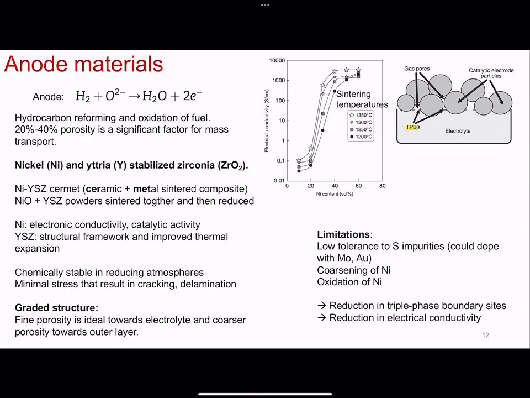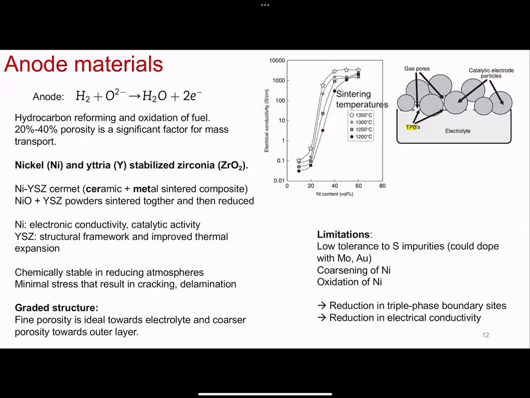So the reigning material, or the material that's most active and used as an anode material is, interestingly, nickel substituted zirconia. So you see now there's a theme that zirconia is a really huge player in the solid oxide fuel cell world.